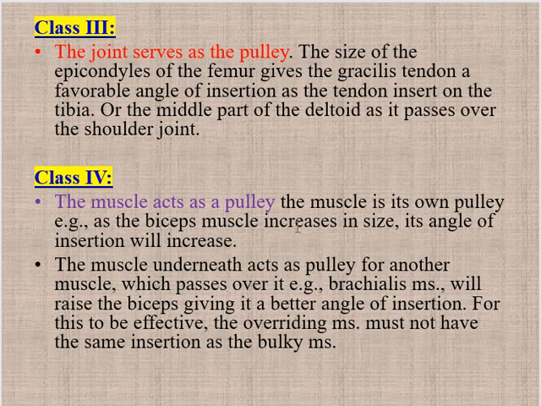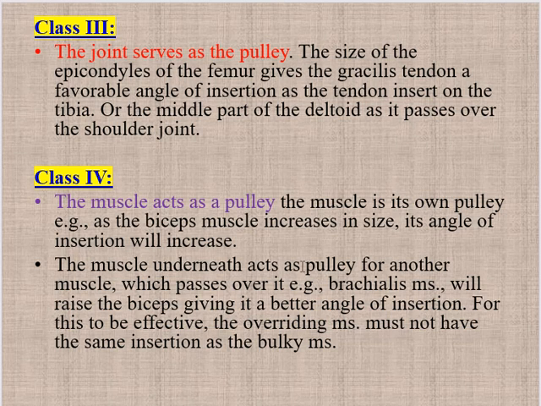For example, as the biceps muscle increases in size, its angle of insertion will increase. The muscle underneath acts as a pulley for another muscle which passes over it. For example, the brachialis muscle raises the biceps, giving it a better angle of insertion, meaning that the brachialis is a deep muscle and the biceps lies over it.